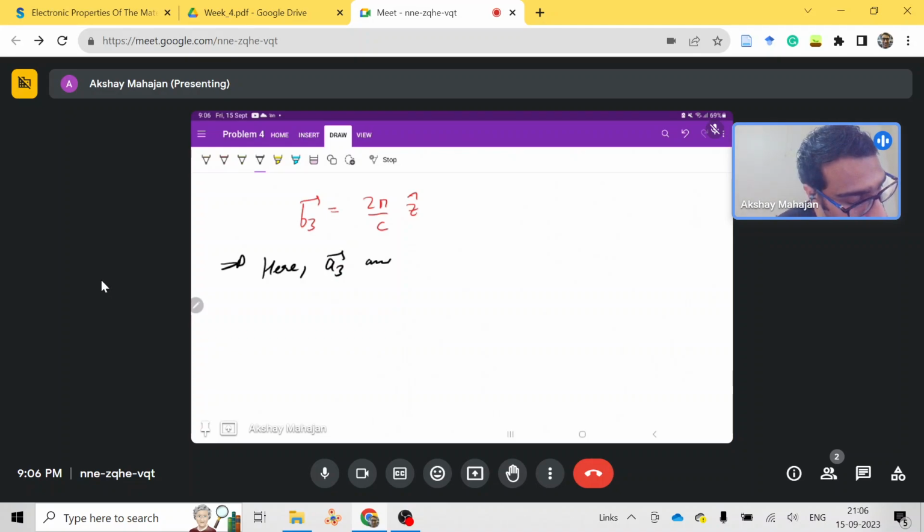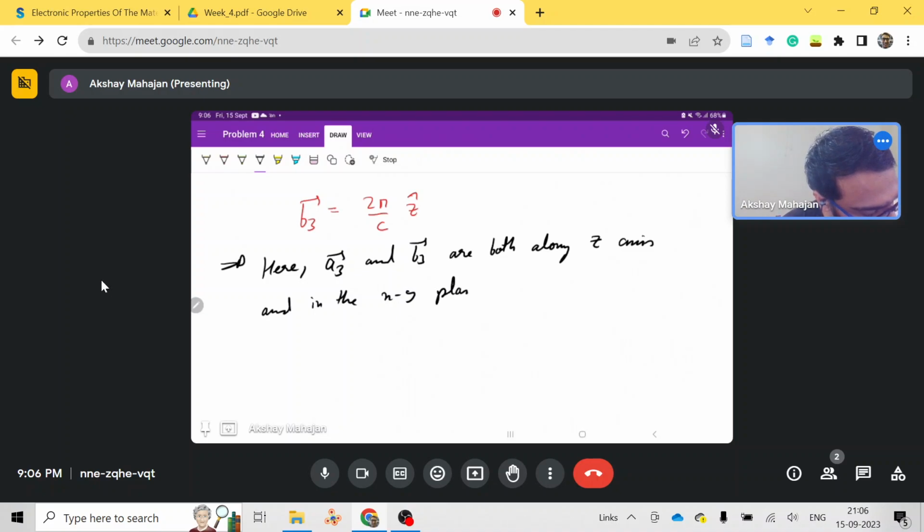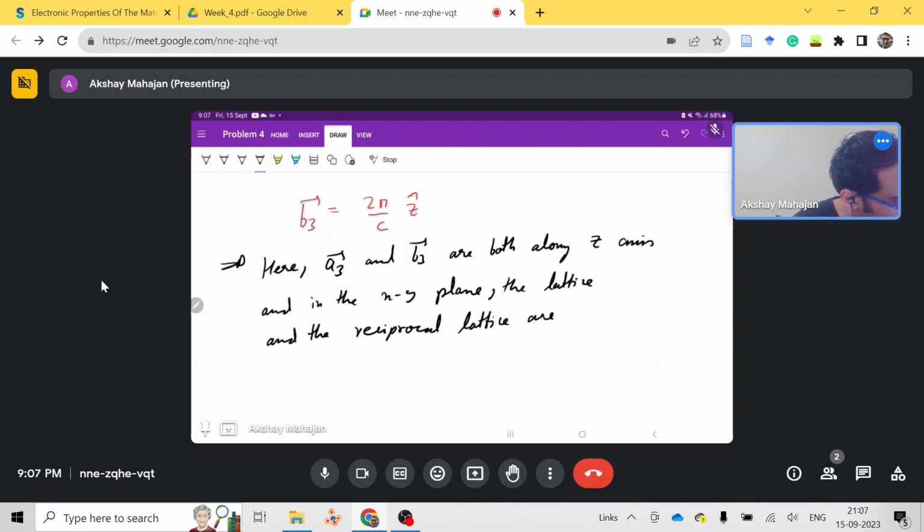The a3 vector and b3 vector are both along the z-axis, and in the xy plane the lattice and the reciprocal lattice are as shown below.